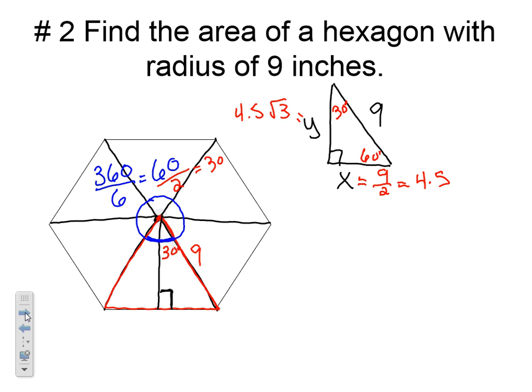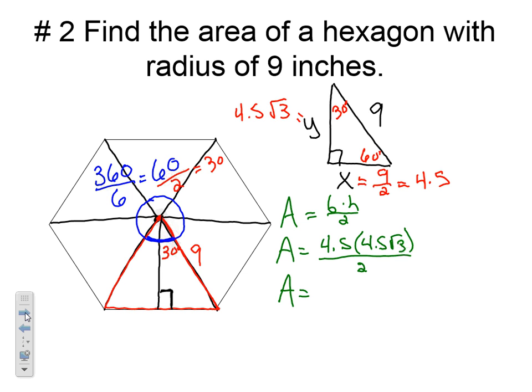That's going to equal our y. So I have my short leg and my long leg now. My height and my base, I can plug that into my area formula. So area of this right triangle here is base times height divided by 2. Area equals my base, which is 4.5, times 4.5 square roots of 3 divided by 2.